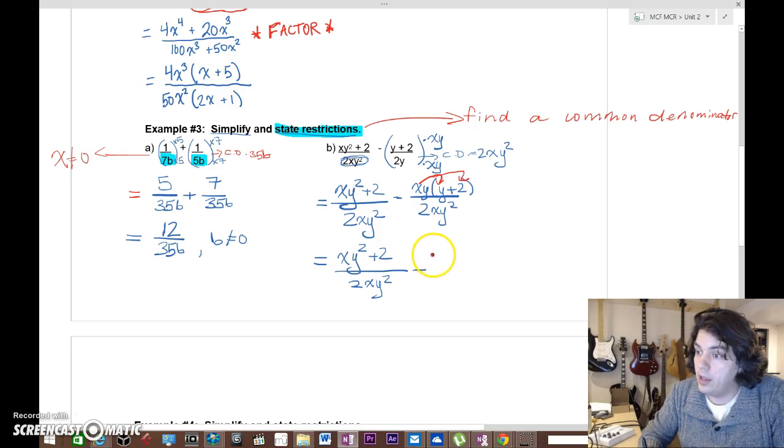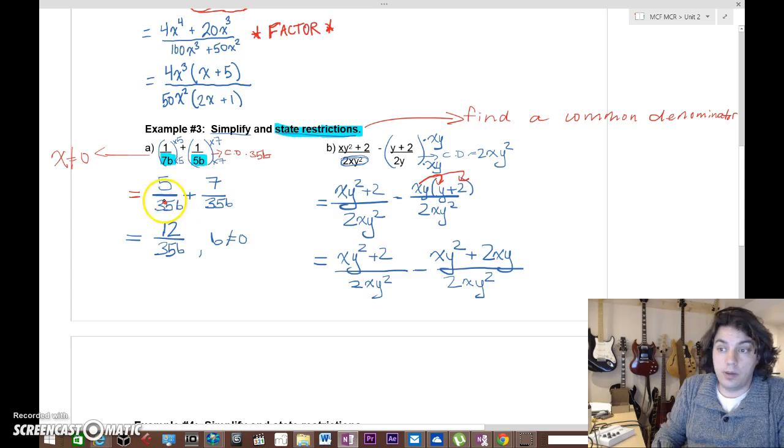So xy times y will be xy squared, and xy times 2 will be plus 2xy. And again, the denominator stays the same, which is 2xy squared.